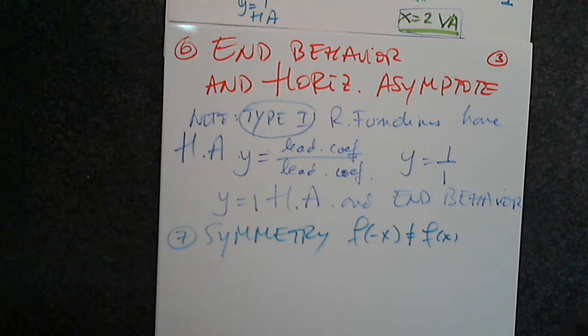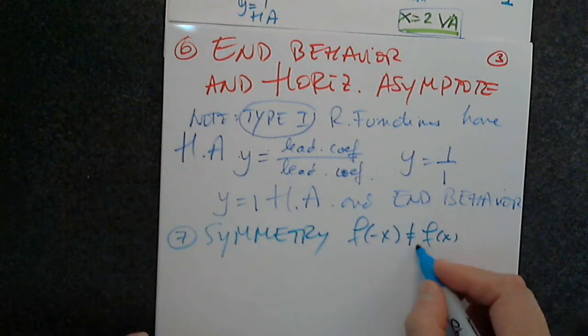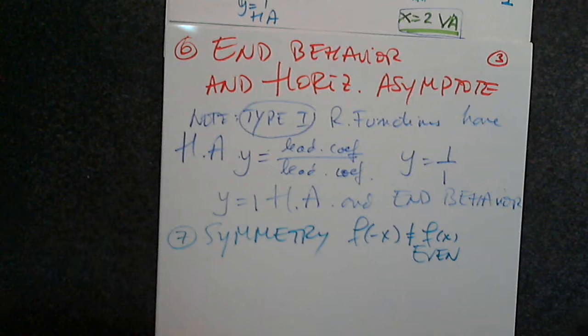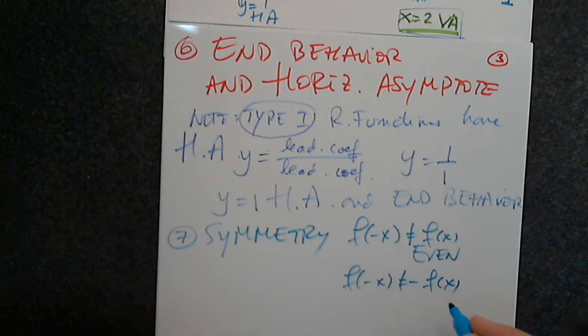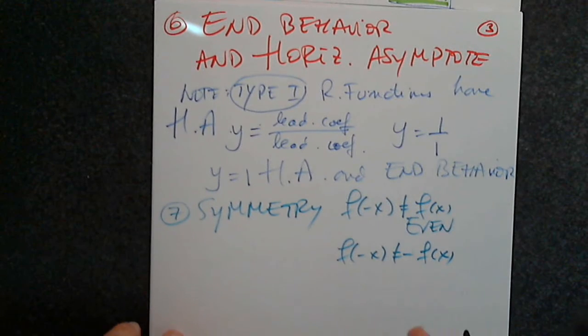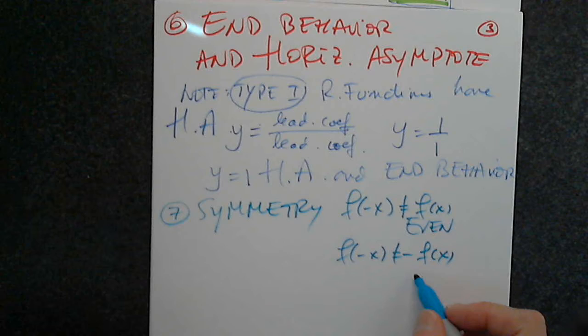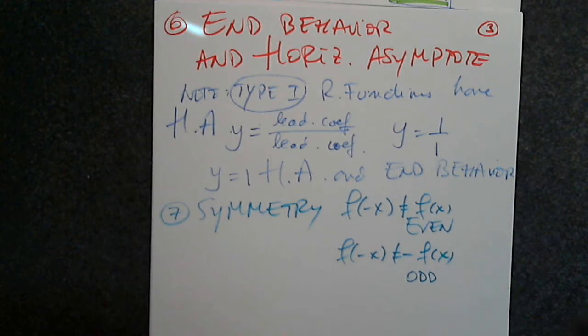What is the property of that function? It's symmetric, but which kind? Even. But it's not. What about f of negative x not equal negative f of x? If they were the same, what type of function would it have been? Odd. Very good. Symmetric with respect to the origin. So it's not symmetric.